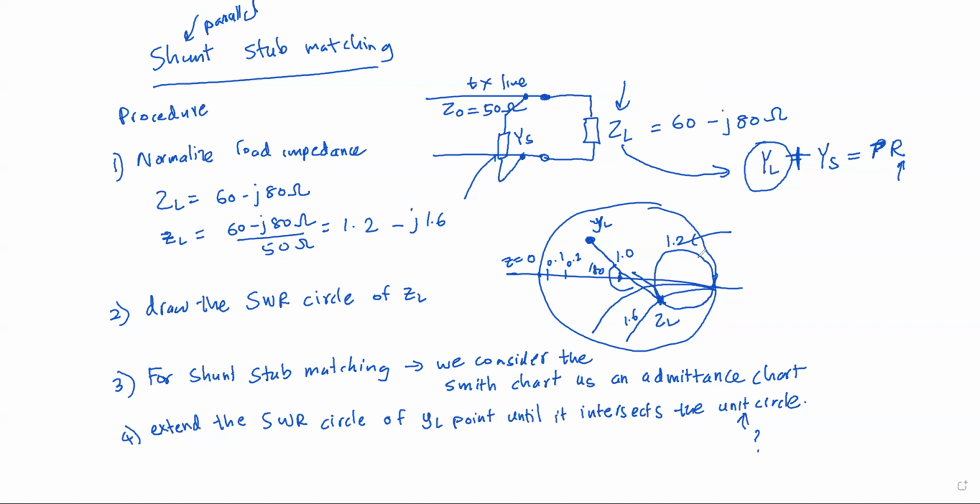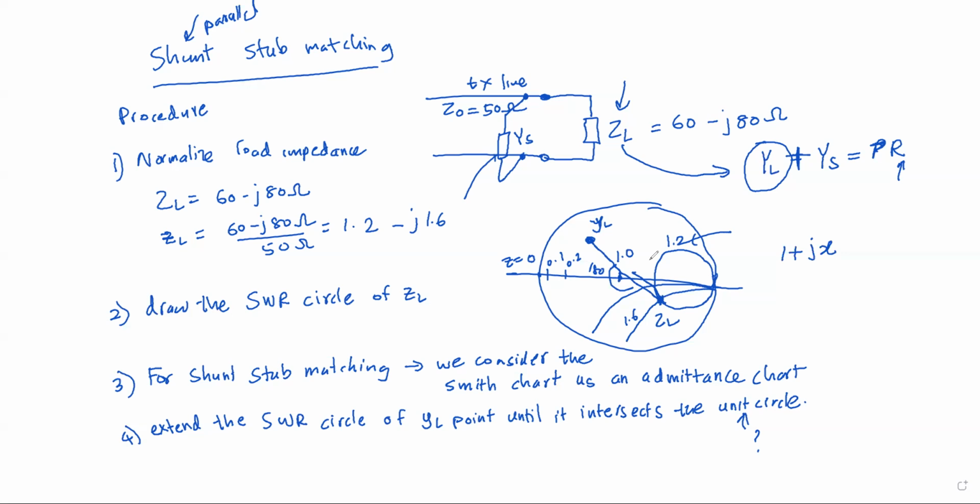The unit circle is a circle in the Smith chart which has the value of 1 plus jx. In the Smith chart, we have different circles, right? There's a circle with the value 1.0. That circle is known as the unit circle, and that's a very special circle.